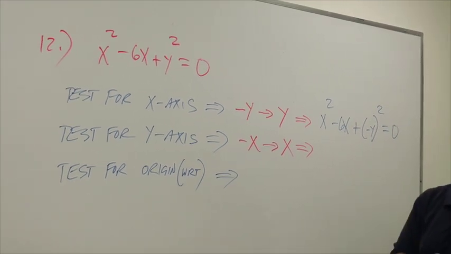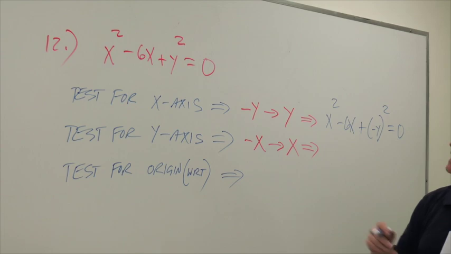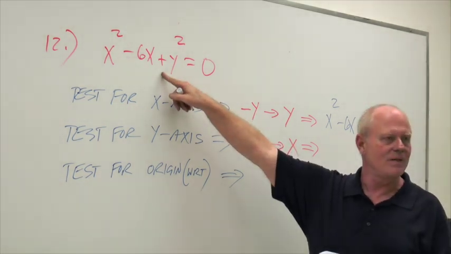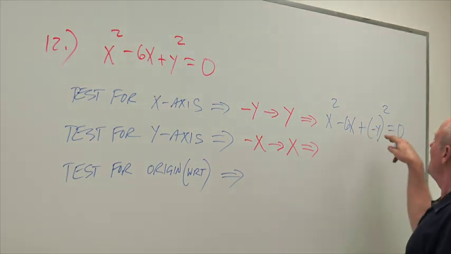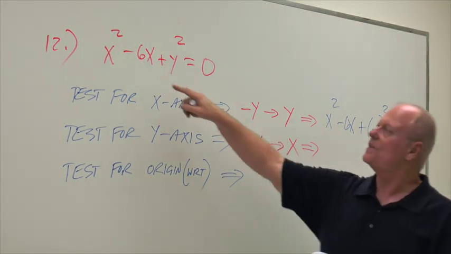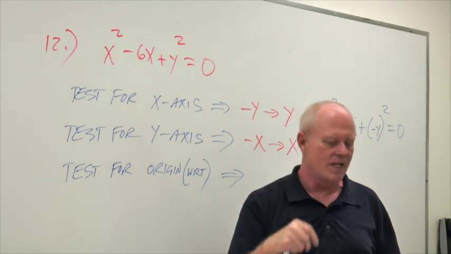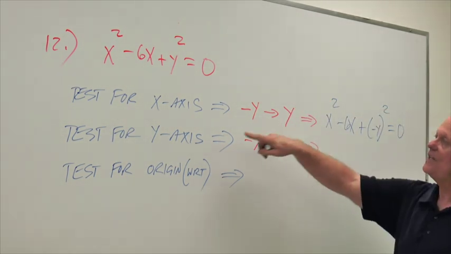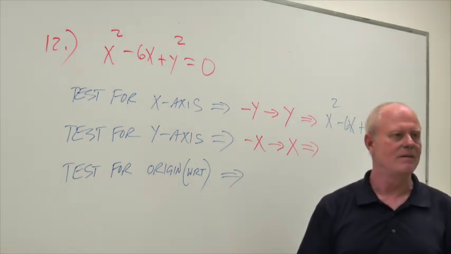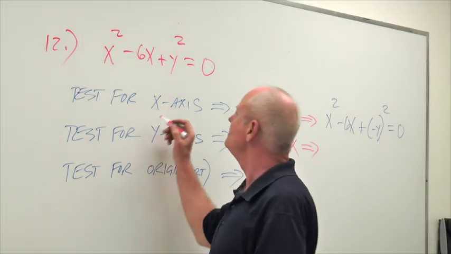But what happens when you square negative y? Don't you end up back at positive y squared? So what happened? By plugging negative y in, we ended up with the same equation. Therefore, what can you deduce? Is there x-axis symmetry? Yes. Very good.